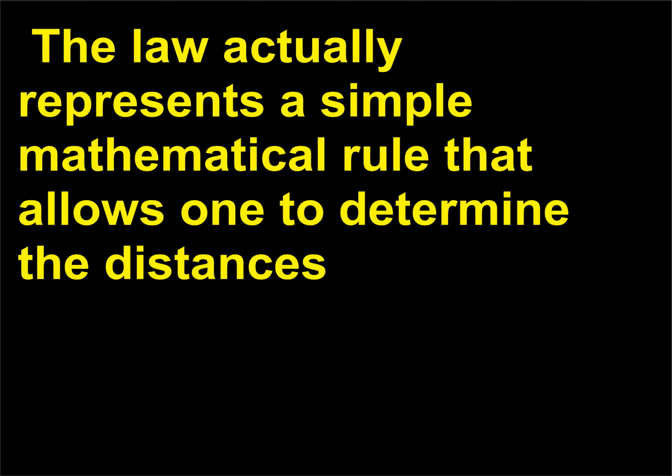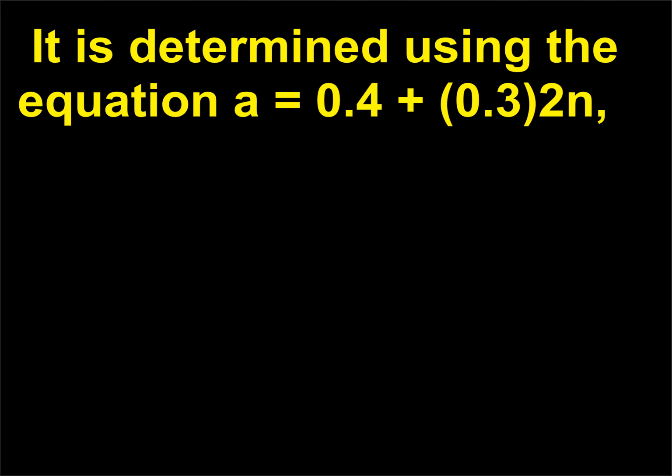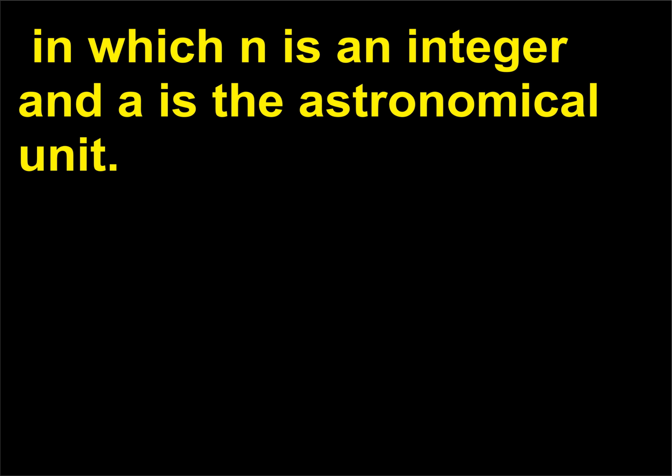The law actually represents a simple mathematical rule that allows one to determine the distances, also called the semi-major axis, of the planets in astronomical units. It is determined using the equation a = 0.4 + 0.3 × 2^n, in which n is an integer and a is the astronomical unit.